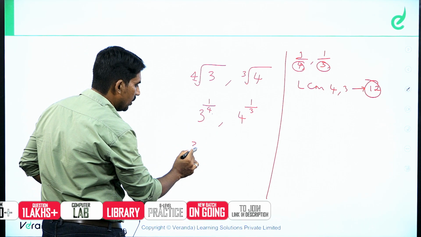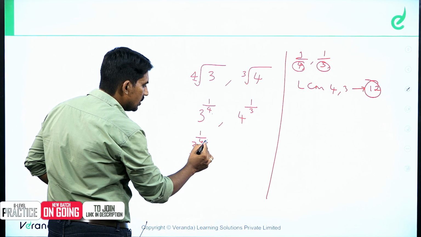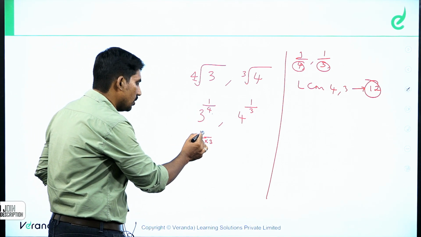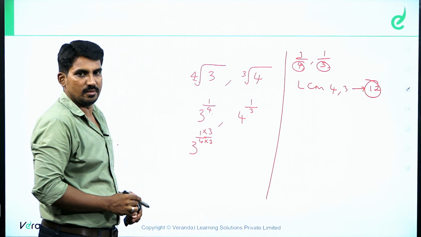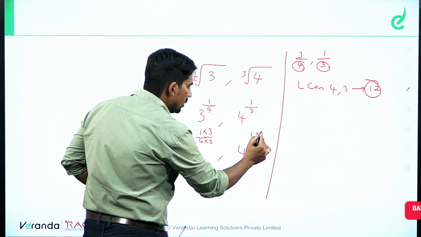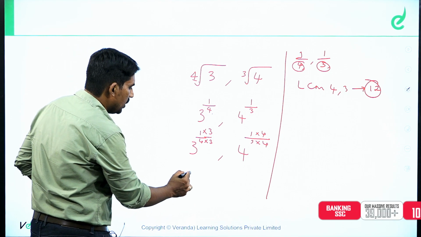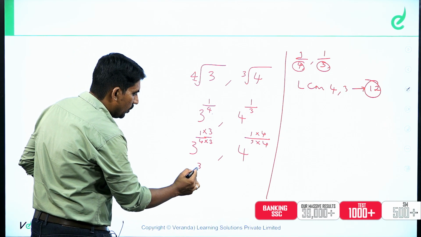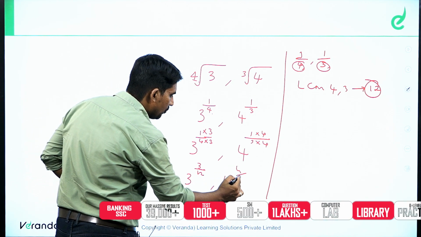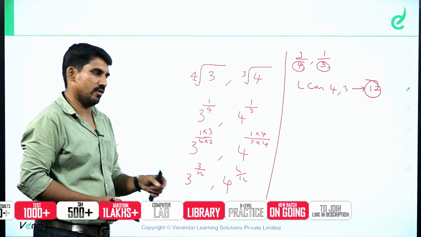So 1 by 4 becomes 3 by 12, numerator also multiplied by 3. Same way, 1 by 3 becomes 4 by 12, multiplied by 4. Now the values we have are 3 to the power 3 by 12, comma 4 to the power 4 by 12.